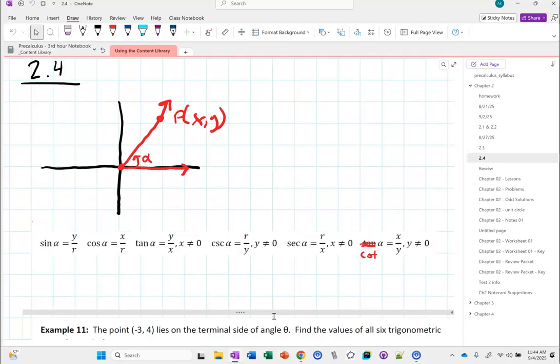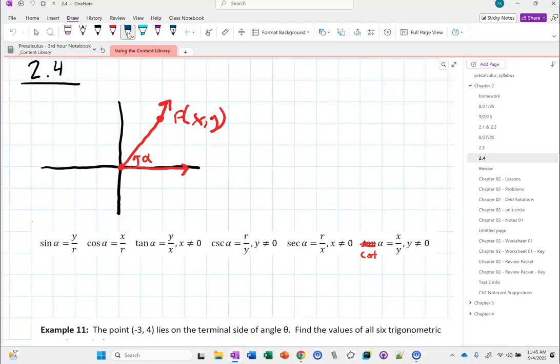The first version of this that we're going to do is translate our definition of SOHCAHTOA into a definition involving any point on the terminal side of our standard position angle.